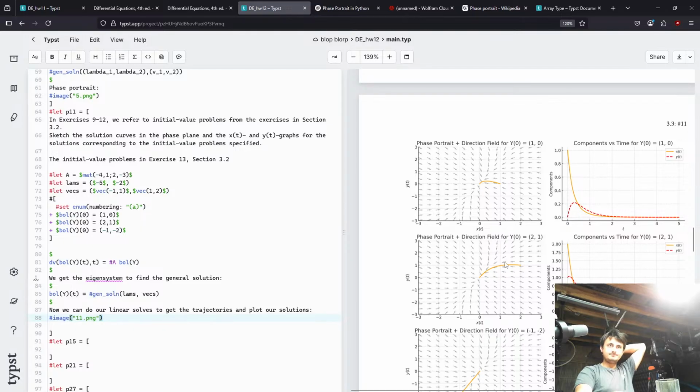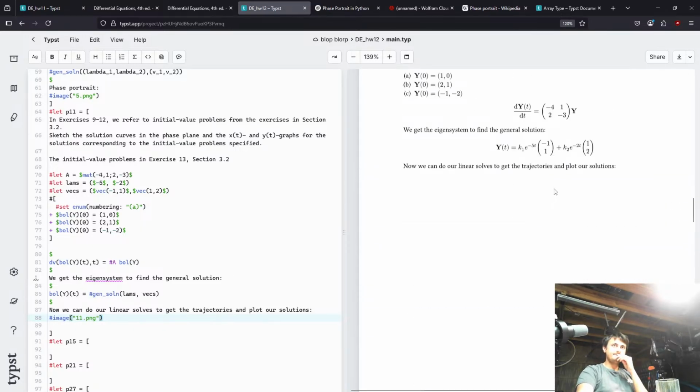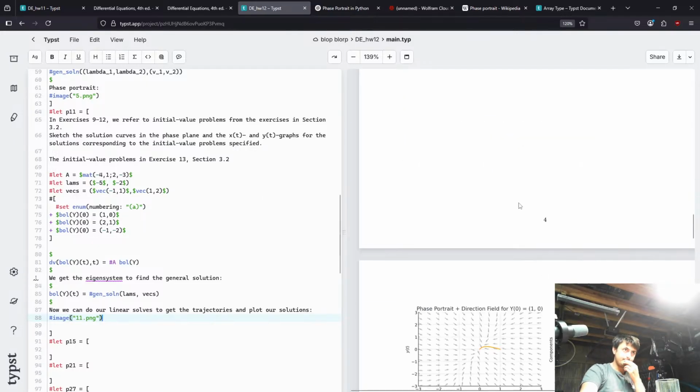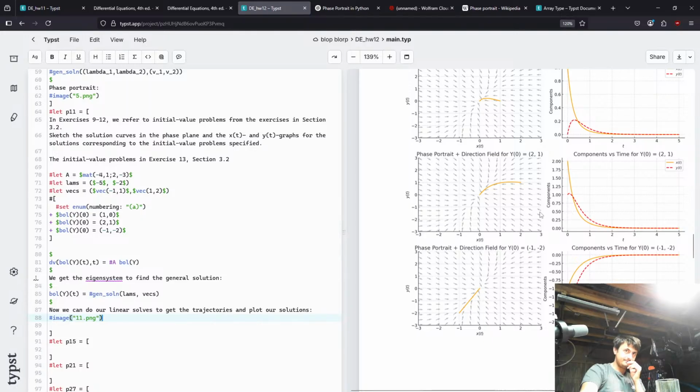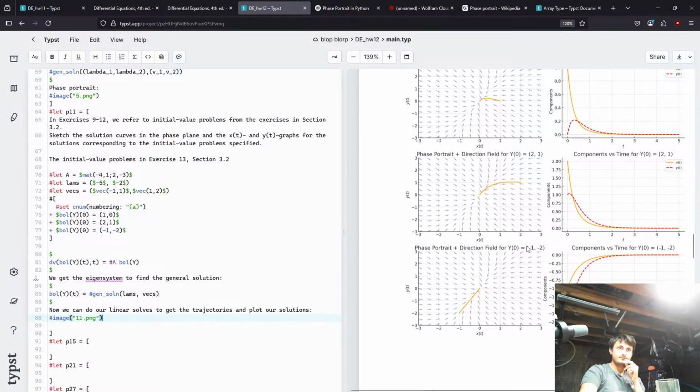Minus 1, 1. Wait, is that the right problem? No, that's 11, right? Yeah, that looks right. And then 1, 2. Yeah, that looks right. 1, 2. Yeah. Okay, cool.